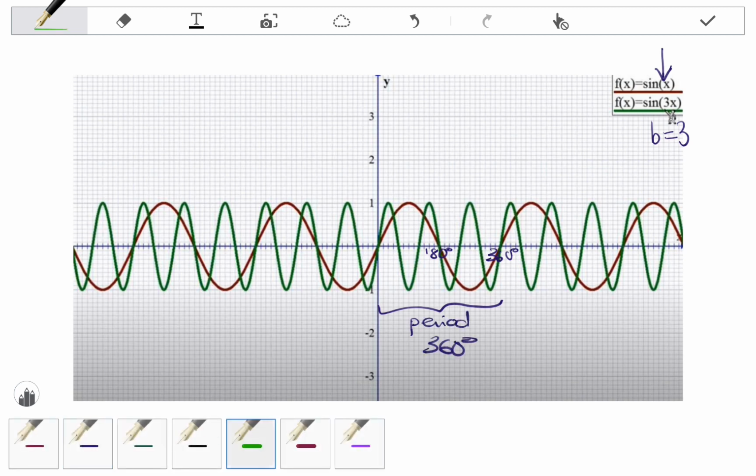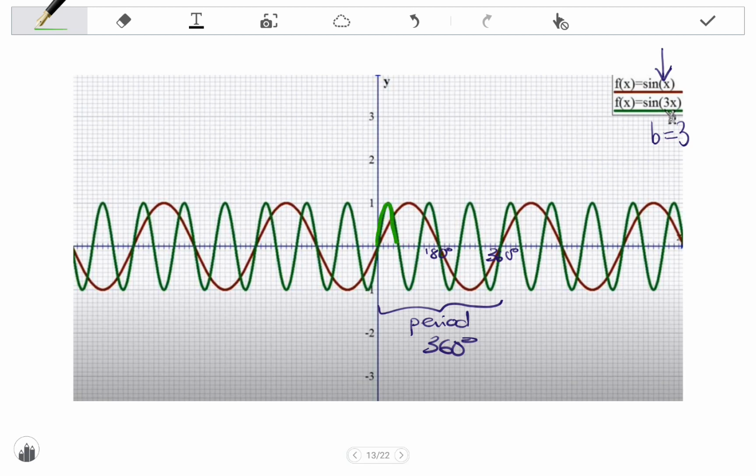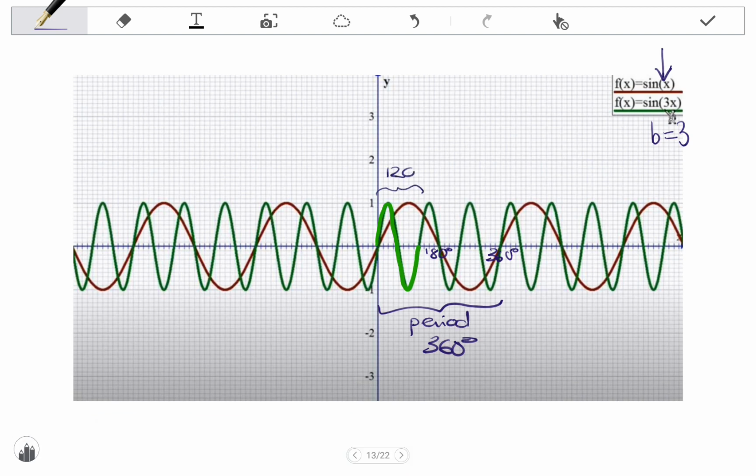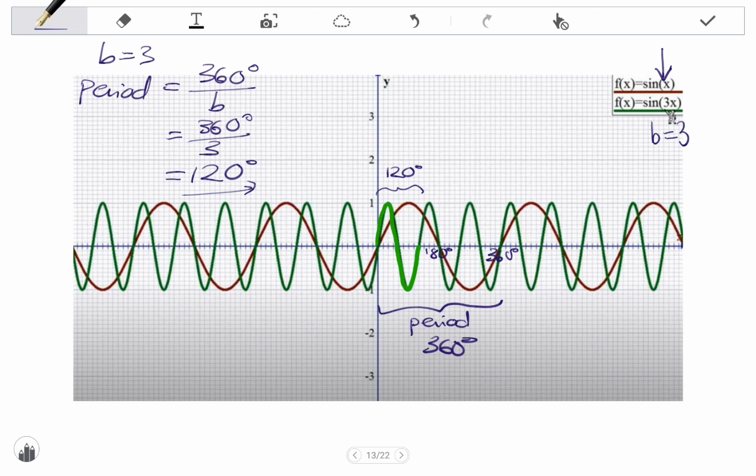If we look at the sine 3x graph, it takes 120 degrees to complete a full cycle. So the period is 120 degrees. If we look at the formula, where B is 3, our period being 360 degrees divided by B, that's 360 degrees divided by 3, which is 120 degrees.